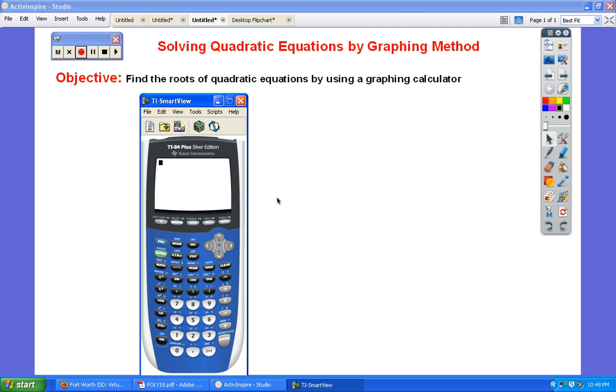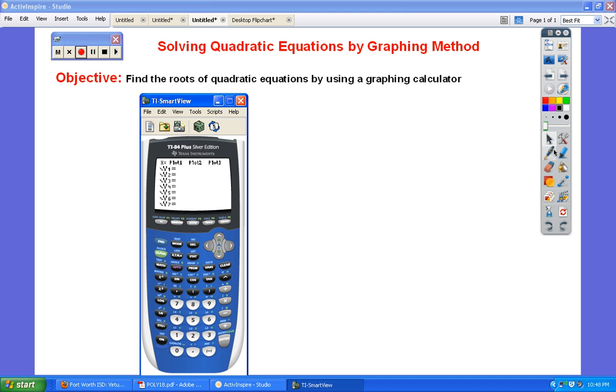So in this exercise, we're going to use the y equals editor to enter our function. Our function in this case is the quadratic equation we want to solve for.